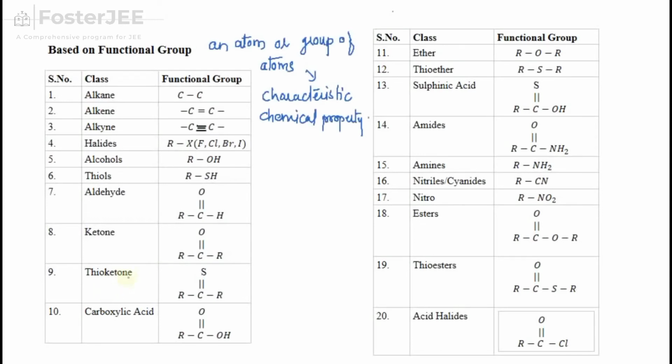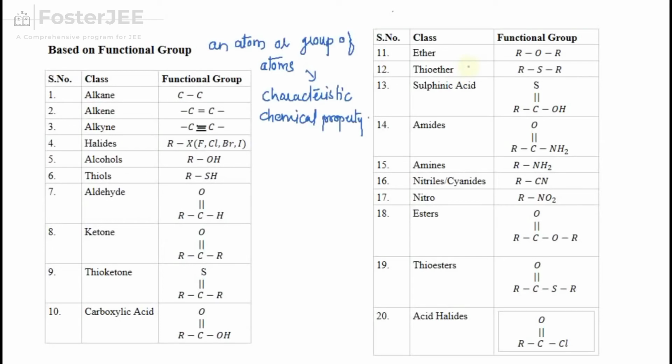Now in thioketone, oxygen is replaced by sulfur. Here the CS group is the functional group which is linked with two alkyl groups. In carboxylic acid, the COOH group is linked with one alkyl group. Now ether. In ether, two alkyl radicals are linked with one oxygen atom, and here the functional group is oxygen.